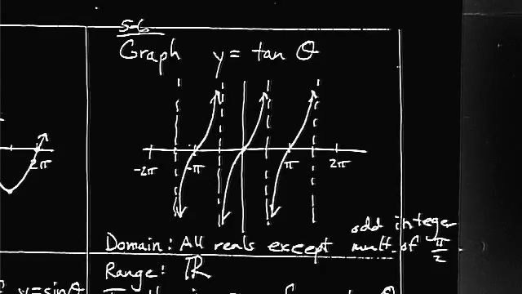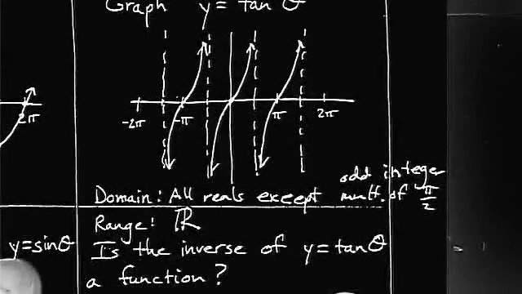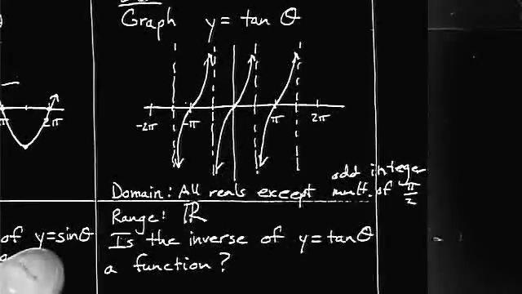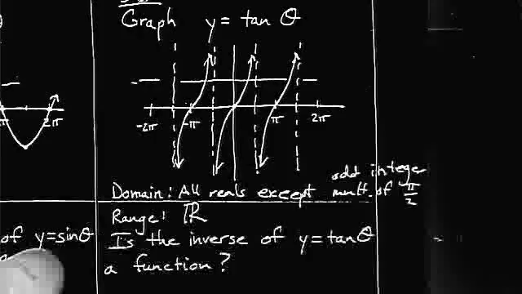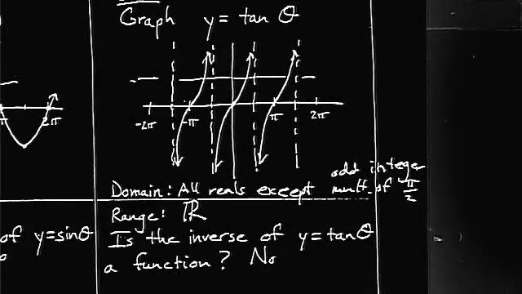Now we'd like to keep the same range, but is the inverse of tangent a function? Definitely not, right? Right there. Fails the horizontal line test. So same result as before.